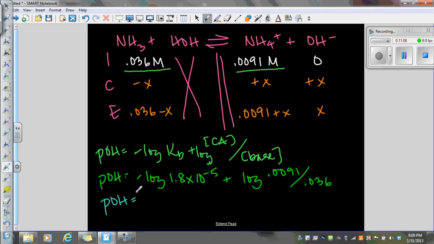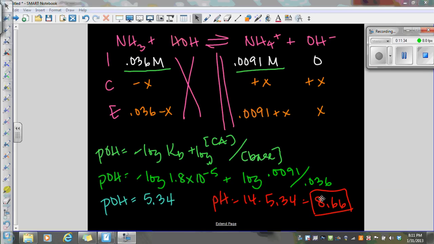Our pOH, when we do that, is 5.34. And then to get pH, we do 14 minus that number, which gives us 8.66.